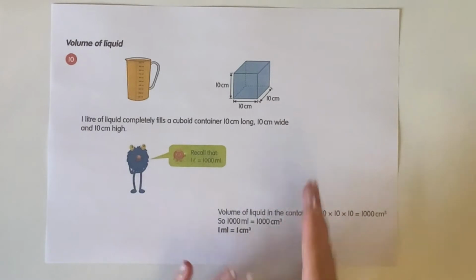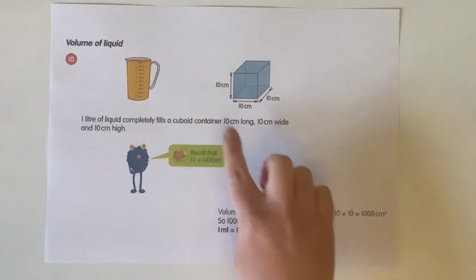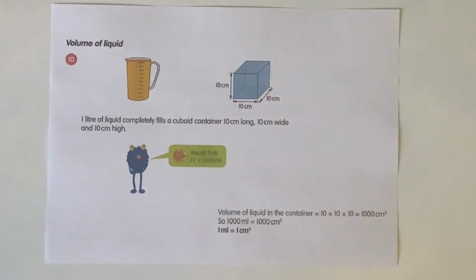If you have access to something that measures 10 by 10 by 10 centimetres at home, you could do this next bit practically with some water and a container, but unfortunately I didn't have access to one, so I'm just going to show you pictorially.